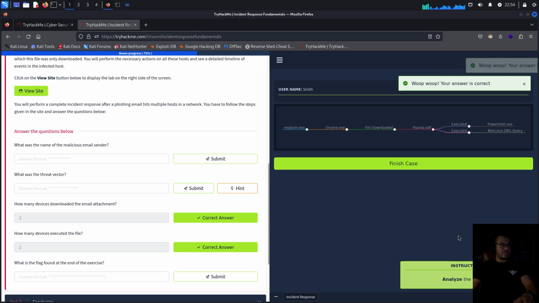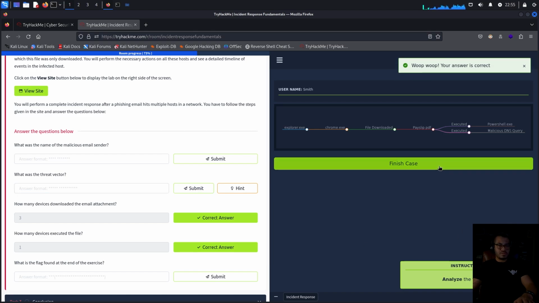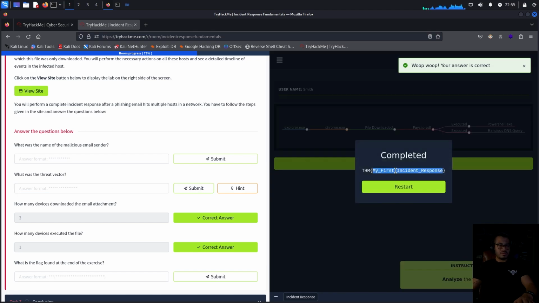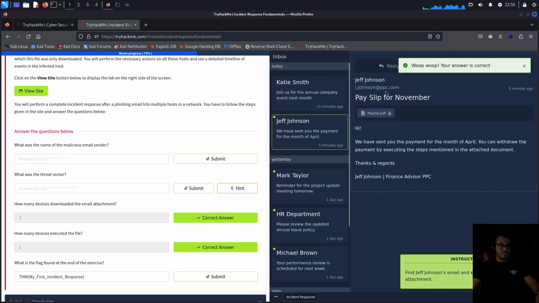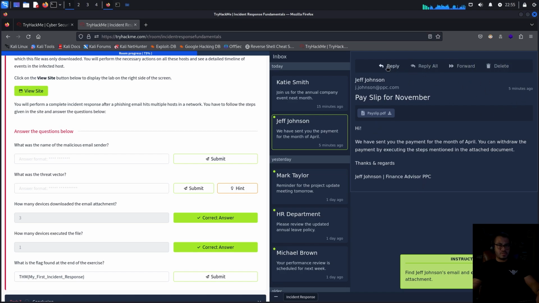The threat vector. We'll see about that. Okay, this is the flag. Okay, so who was the one that sent this? Thanks in regards. Yeah. So what if I go to reply? Reply doesn't work. Where can I see what was the name of the malicious email sender?